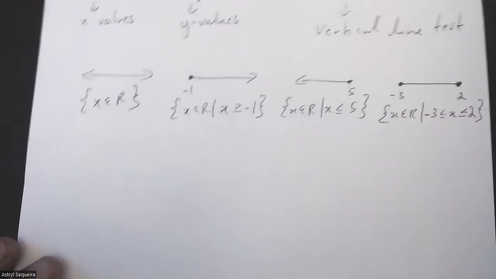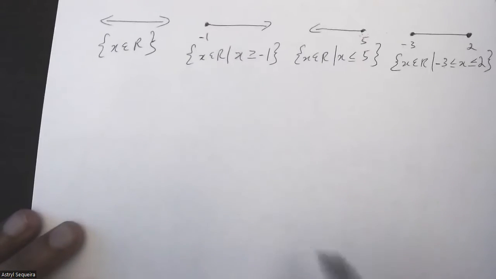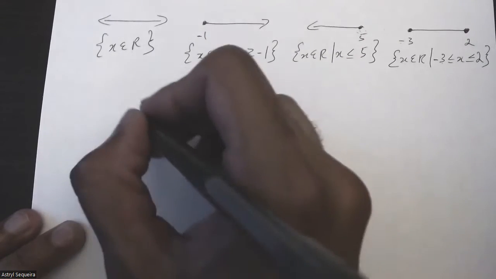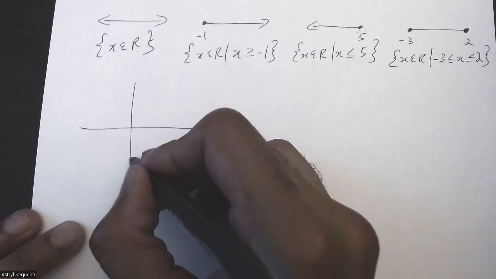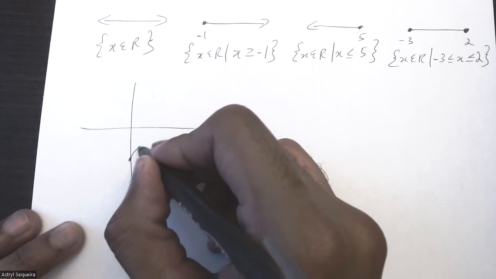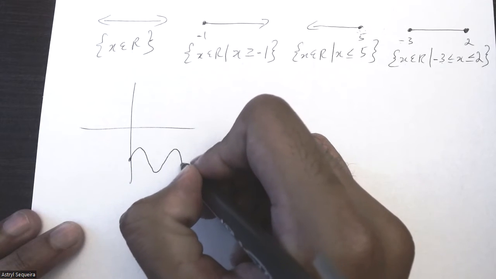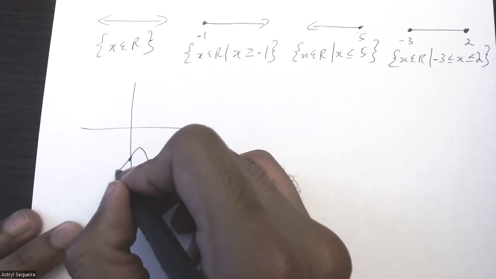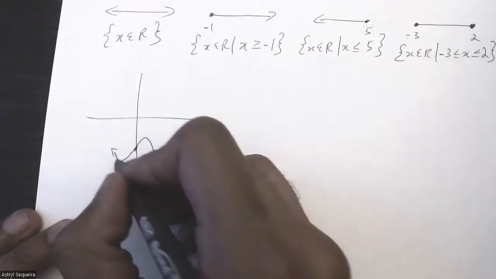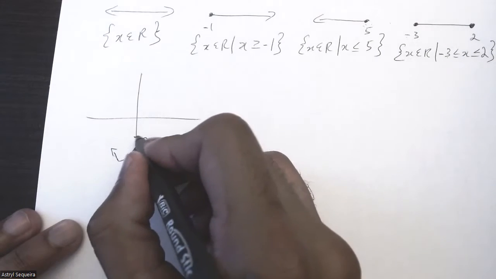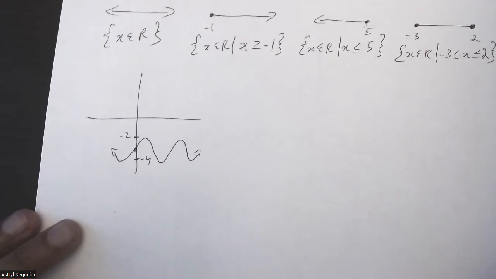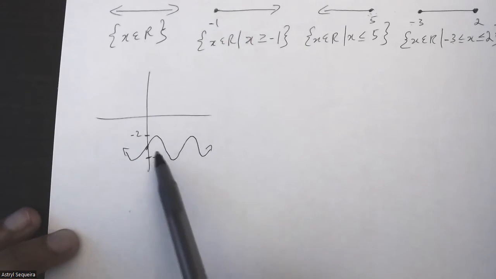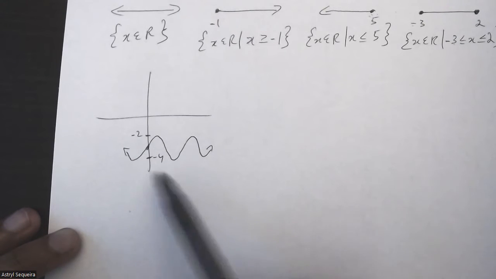We're going to get into some actual questions. So the first question here is going to start with a graph that's basically trigonometric, and it just goes like this forever in both directions. And your minimum is -4, your maximum is -2. So in this case, if I think of my domain and range, let's start with the domain first.